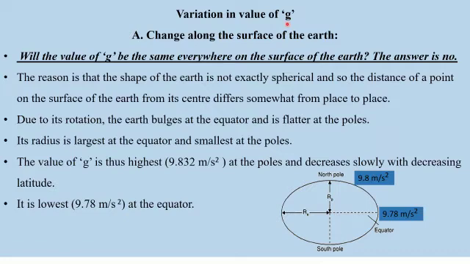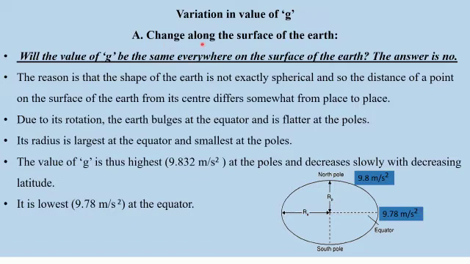So in addition to this radius of the Earth, we also need to count the 35,700 kilometers height at which the communication satellite is present. This is a considerable height, and we find that there are changes in the value of g. So let us try to understand what are the factors that influence the value of g.